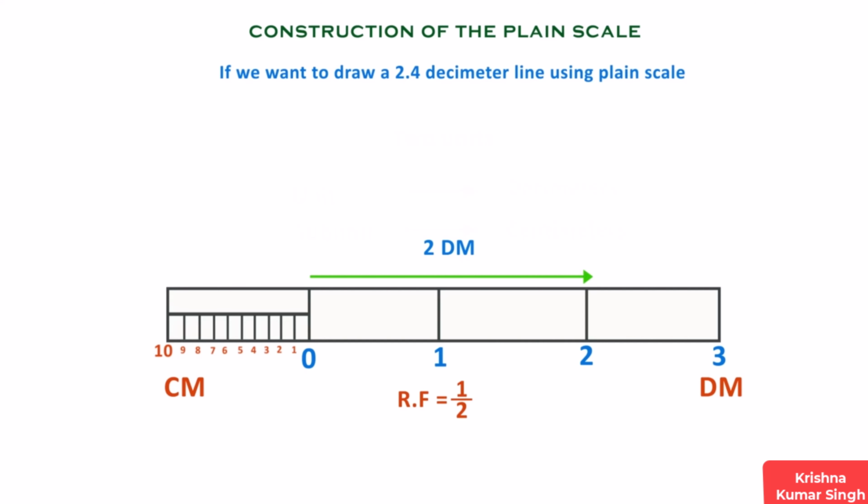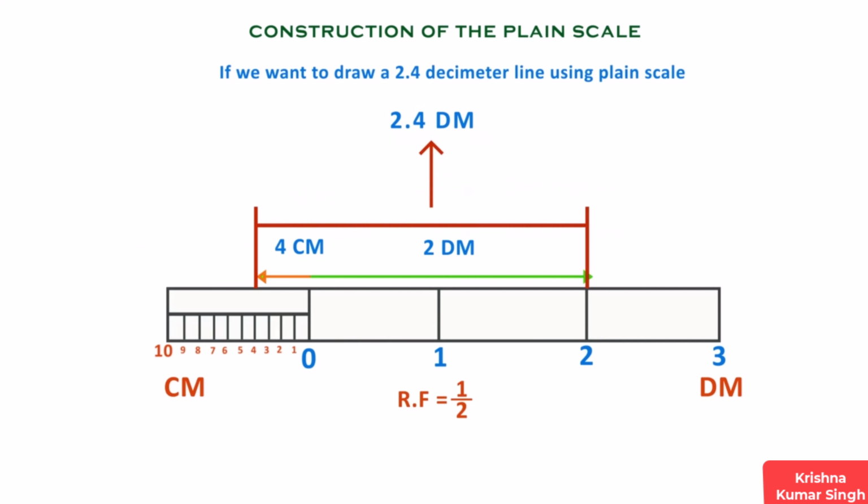We draw a vertical line from point 2. We still need to draw 0.4 decimeters or 4 centimeters. To the left of the scale, from point 0, we have centimeters, so take 4 centimeters and draw a vertical line. Now, join the 2 vertical lines. That indicates 2.4 decimeters.